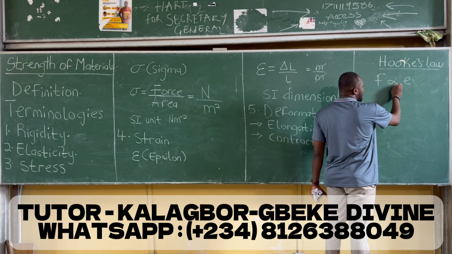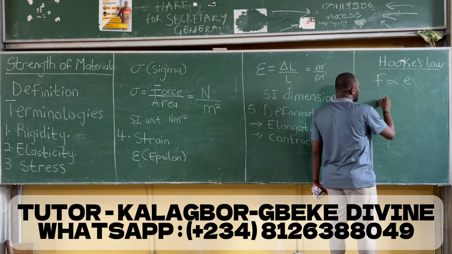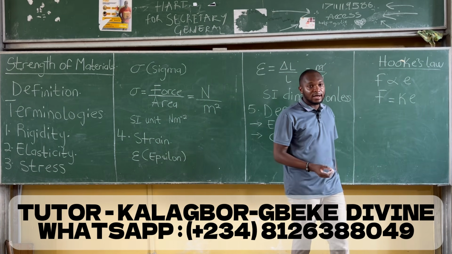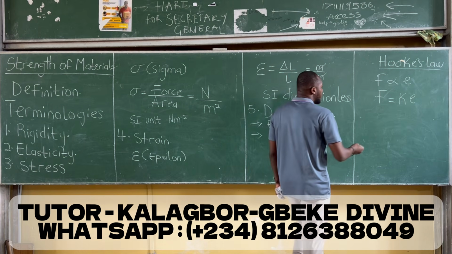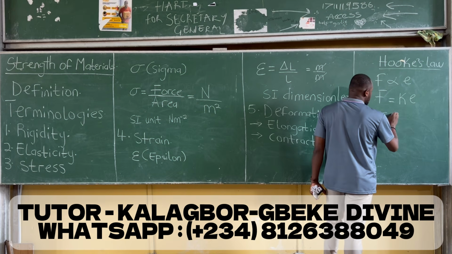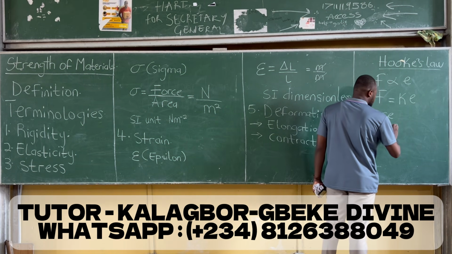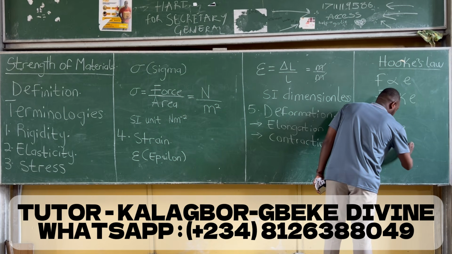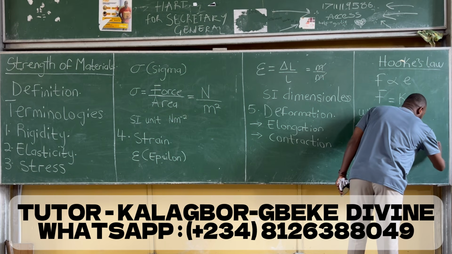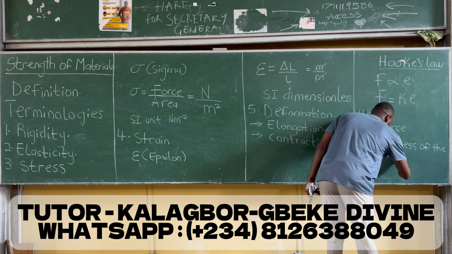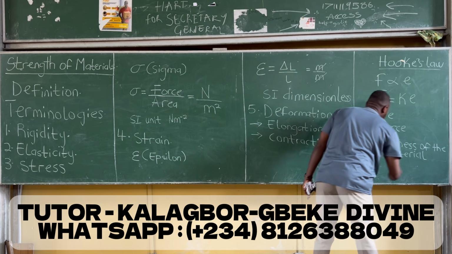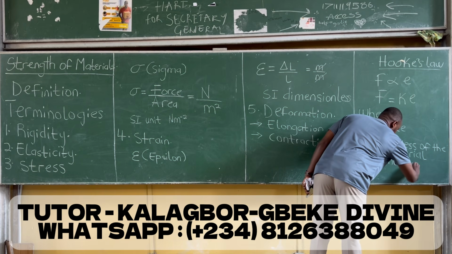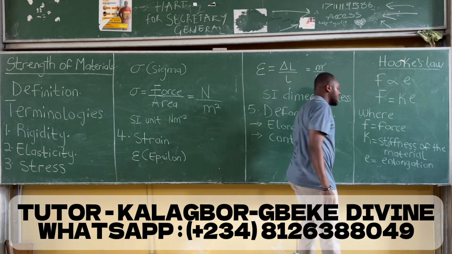Now, if we remove this proportionality sign, we always have a constant. So now F is equal to K E, where K is the stiffness of the material, F is the force, and E is the elongation, the increase in length.